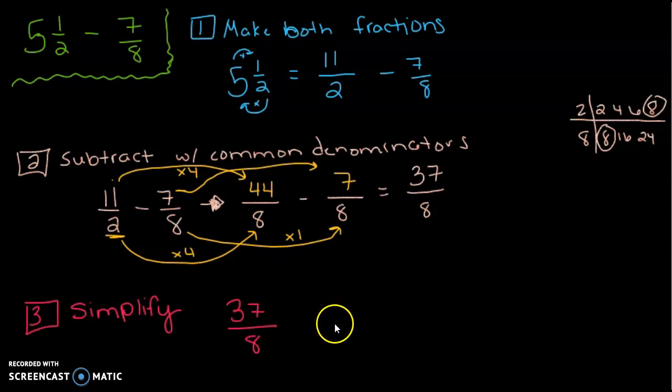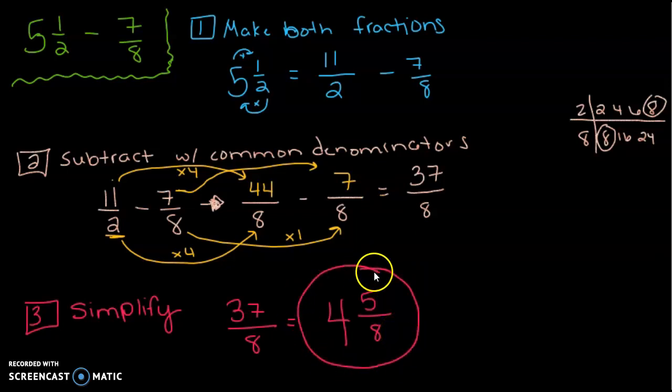So we ask ourselves, how many times can 8 go into 37 without going over? Or you can think about how many times you can take groups of 8 out of 37. I believe I can take it out 4 times. 8 times 4 is 32, and I will have 5 left over. I don't have enough to take another whole group of 8. So this would be your final answer.